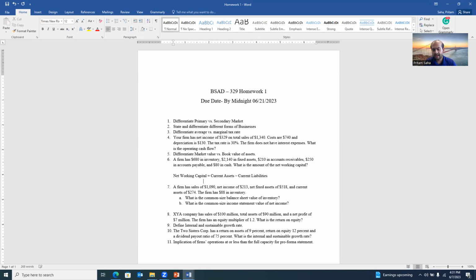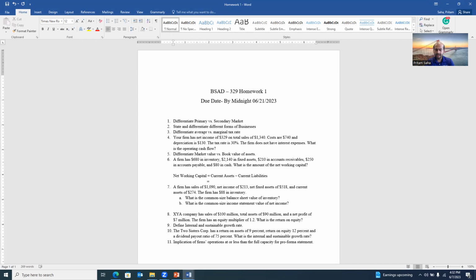Now, if you go to the slide again, you can find the formula, right? What is included in current assets and what is included in current liabilities. If you can't remember, I should say pause the video here and go and find those components.